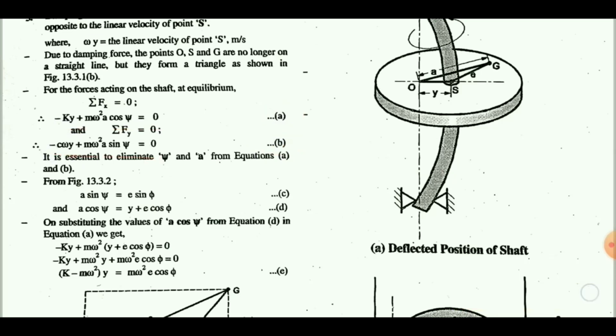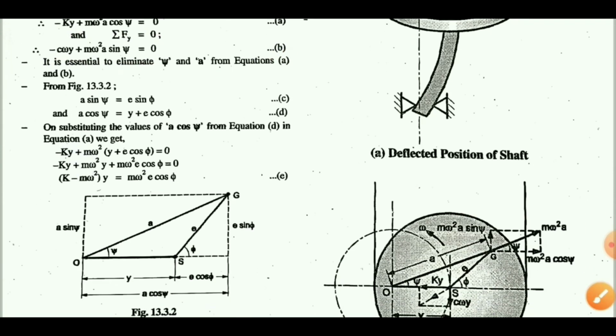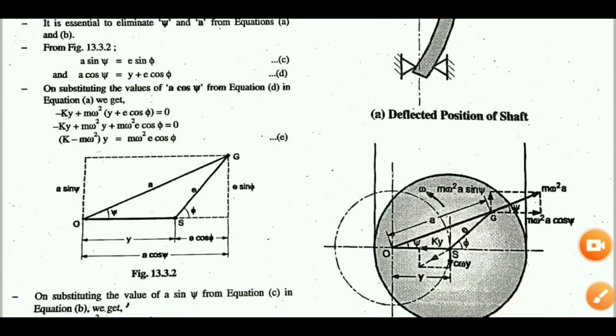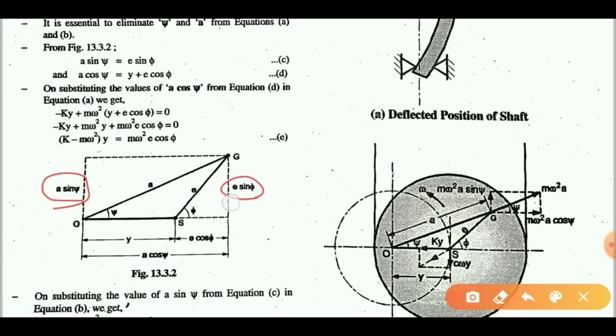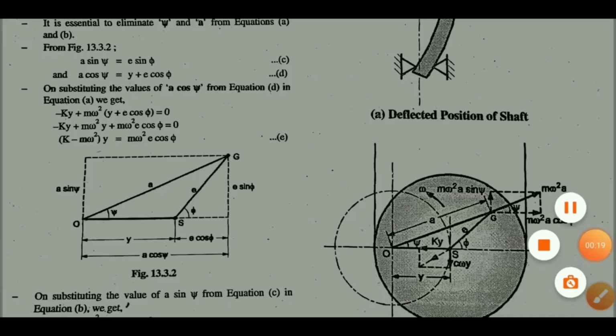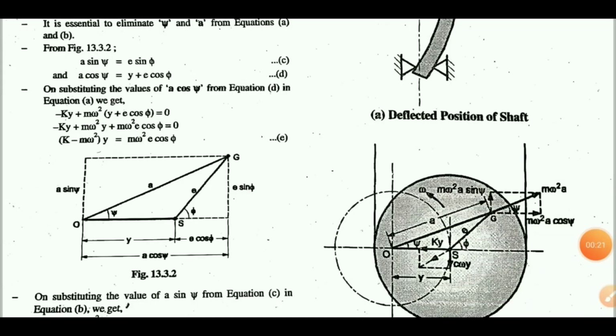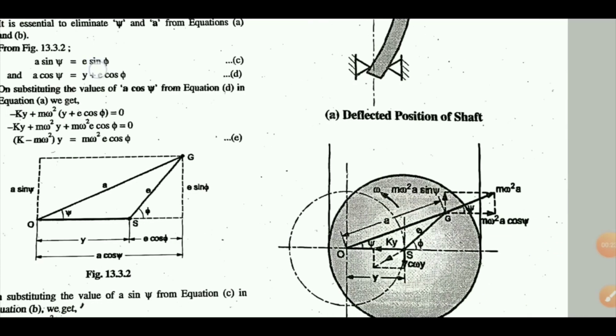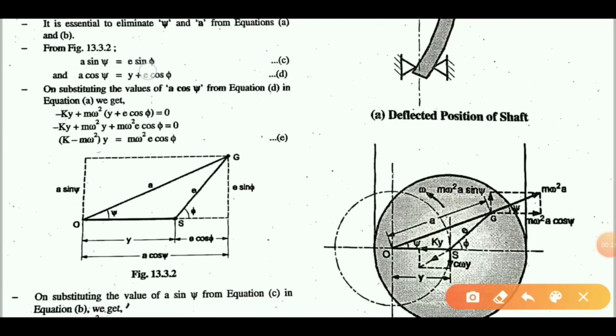Now from this figure, a sin phi will be equal to e sin phi, and a cos psi will be equal to y plus e cos psi. These two we can see in these equations.